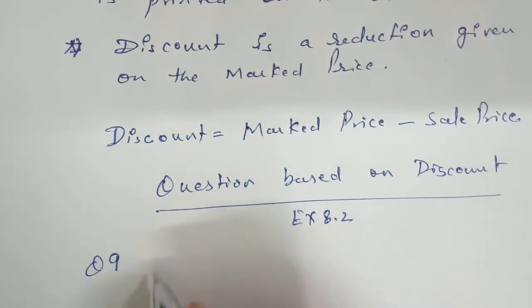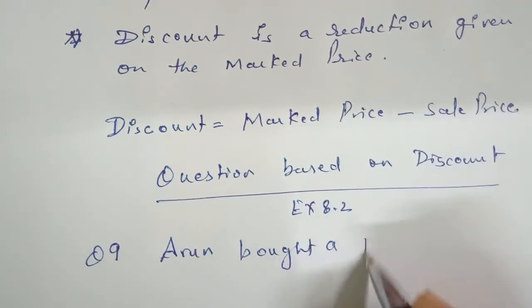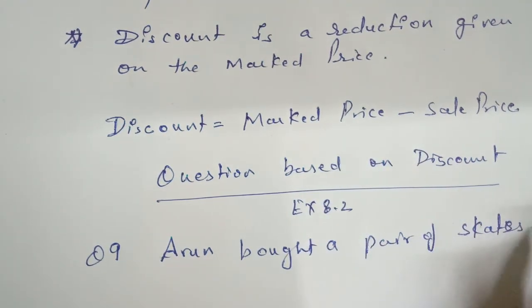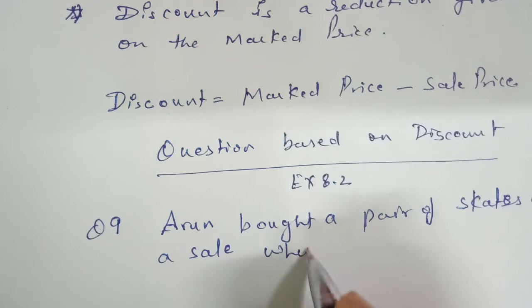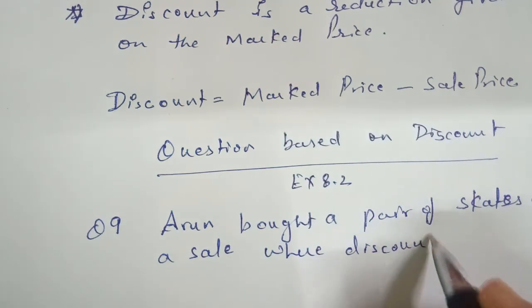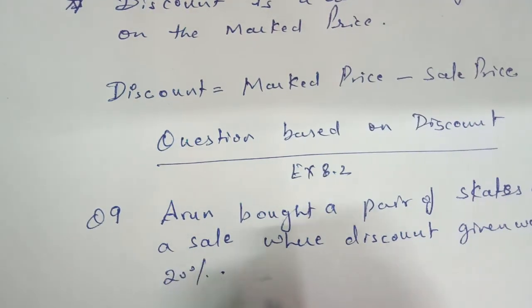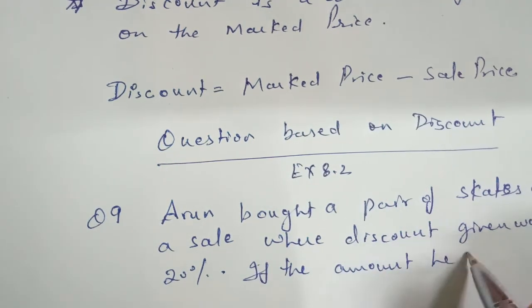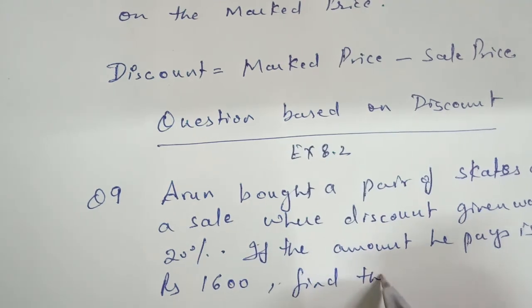The question is: Arun bought a pair of skates at a sale where the discount given was 20%. If the amount he pays is rupees 1600, find the market price.